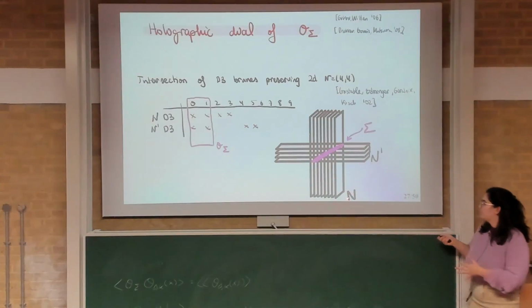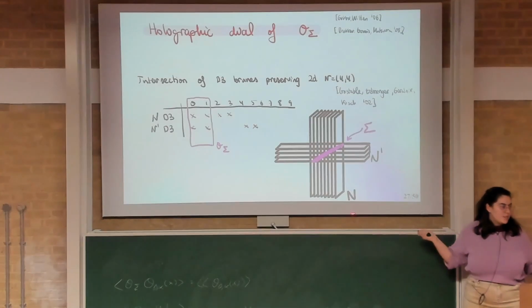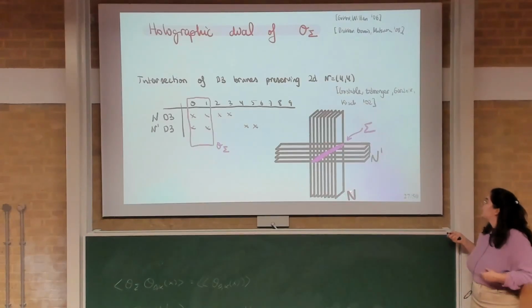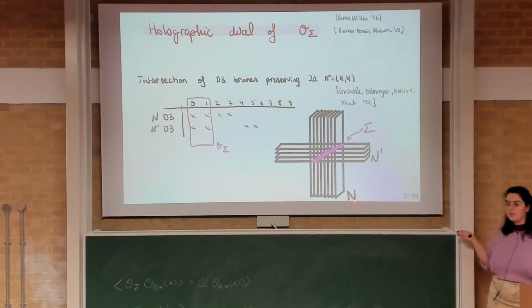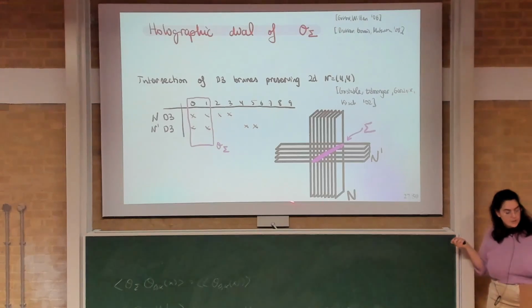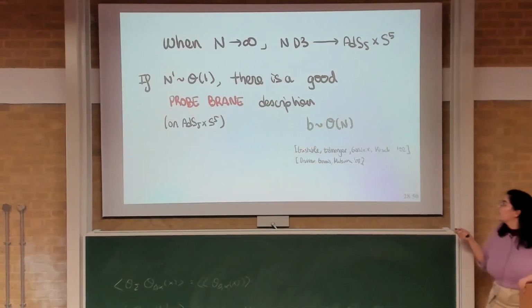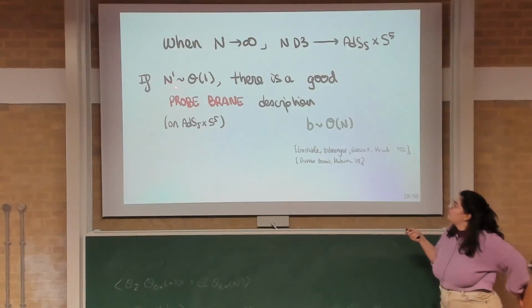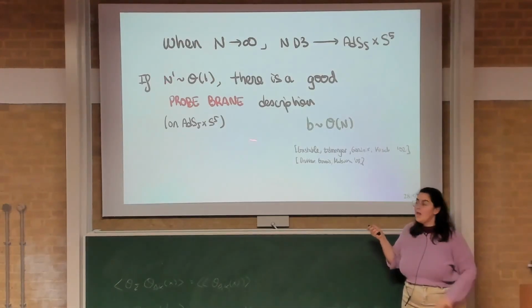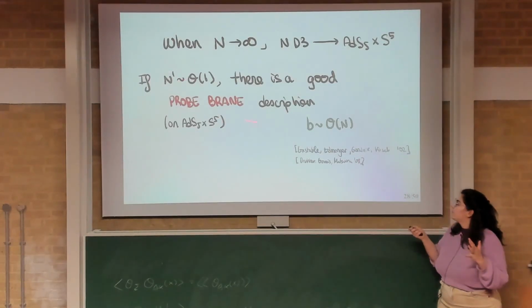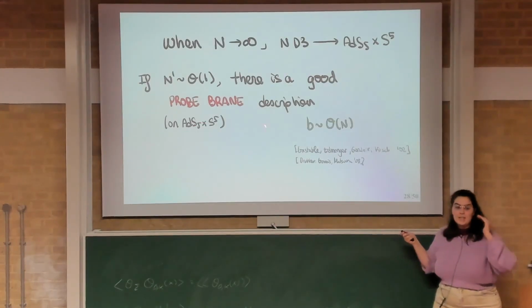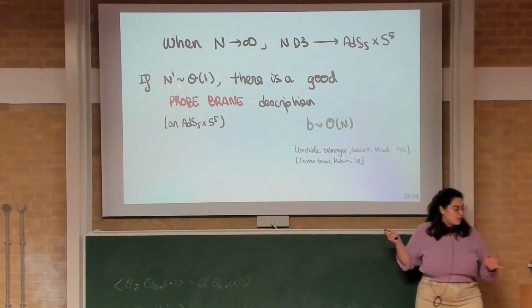Now we need to think of taking N to infinity, because this is the branes in which N=4 lives, and we will see in which case there is a better description in terms of branes or in terms of geometries. So in the case when N' is of order 1, the correct description for this system is going to be that of some probe branes on AdS5 x S5 that intersect the boundary along a two-dimensional surface.